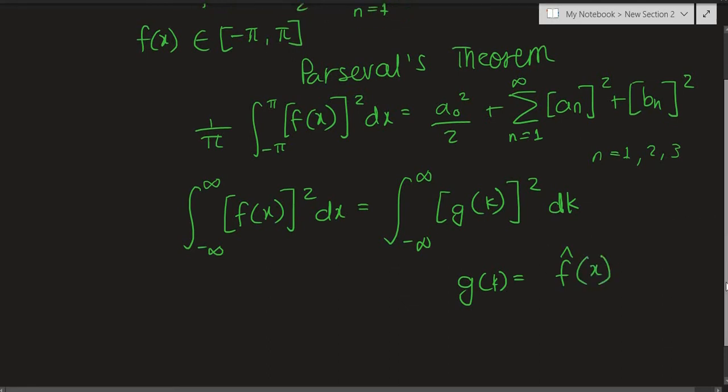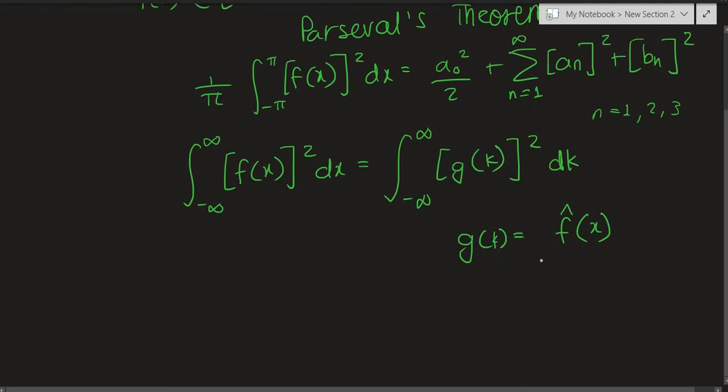So this is a direct relation that you have between the original function and the Fourier transform of the function. And you can call this Parseval's theorem, but it's more like a special case of Parseval's theorem. That's why it has another name. It's called Plancherel's theorem.